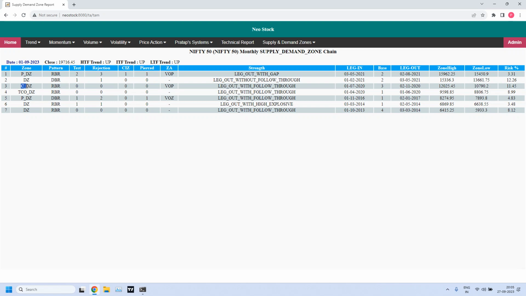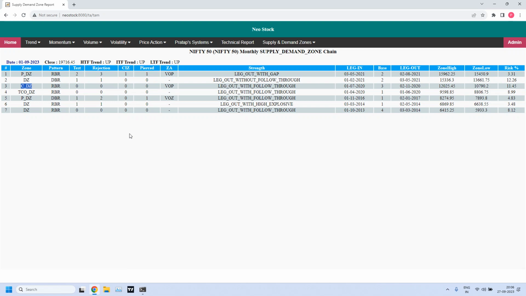So by considering all these factors, you will change your decision making rather than taking a trade in this zone or the next zone. I want to wait until price comes to this particular zone. This is my decision making based on the monthly demand zone. If I go back to lower time frames, my decision making might change.